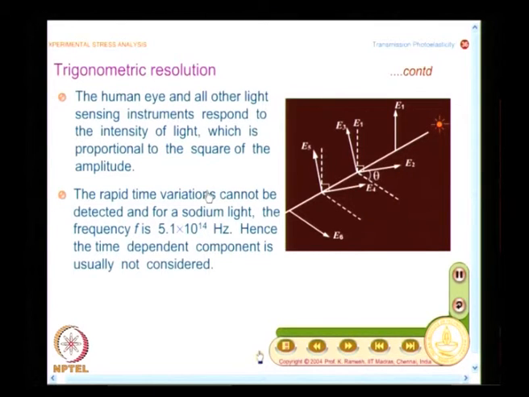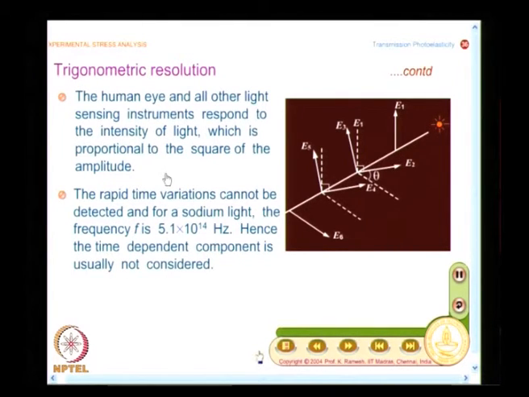And this is a point to clarify: you have rapid time variations which cannot be detected, and for sodium light we have the frequency as 5.1 into 10 power 14 hertz. So, you do not perceive the time dependent component, and you are sensitive only to the intensity of light transmitted, and the intensity of light transmitted is the square of the amplitude.